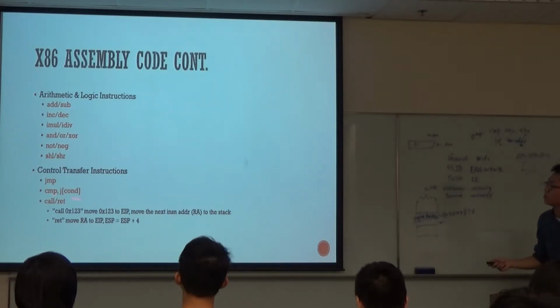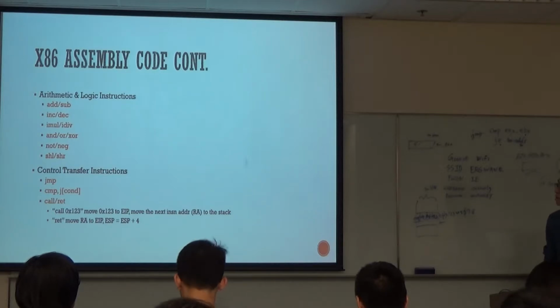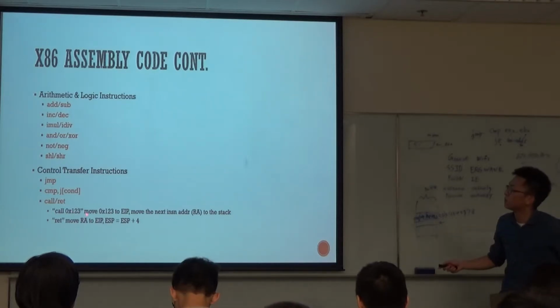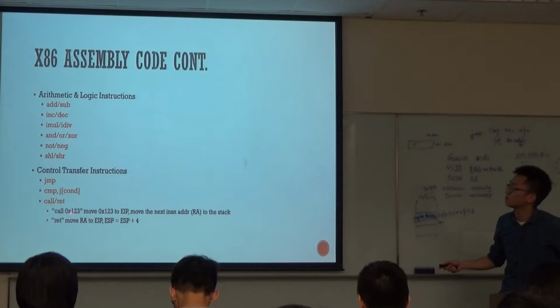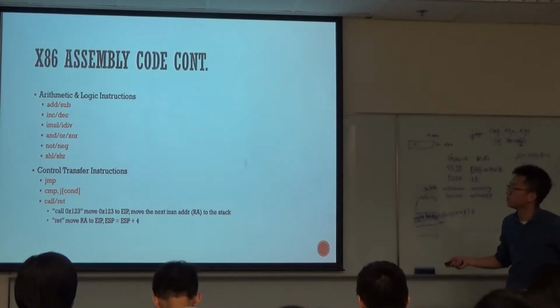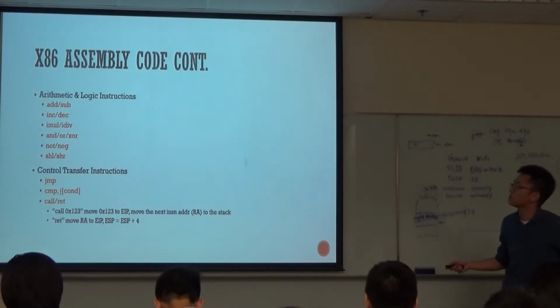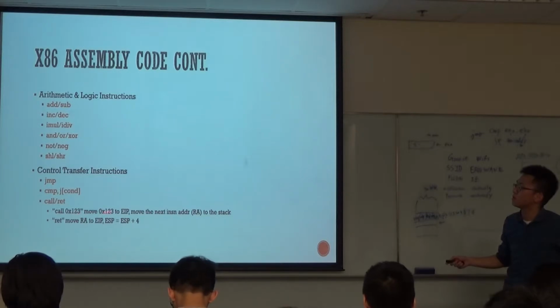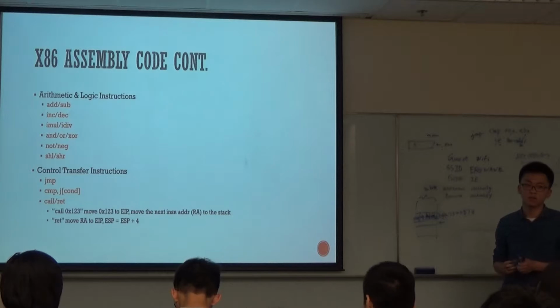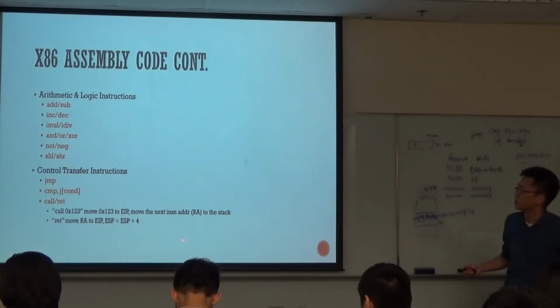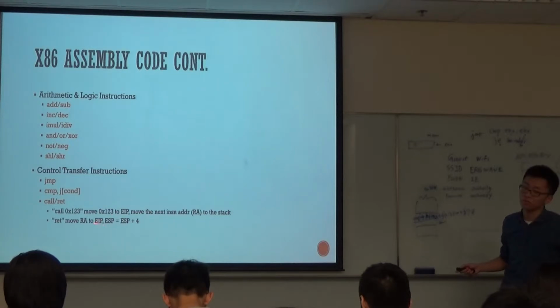And call and return, this is used for functions. For example, we call this address 12345678, which means we move this address to EIP. What is EIP? The instruction pointer. So we go to execute the instructions at 12345678.